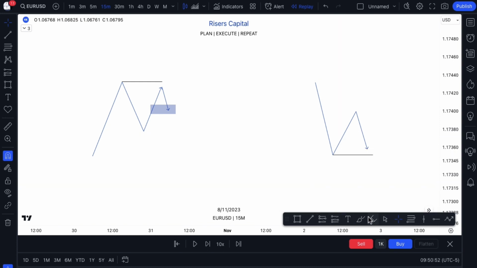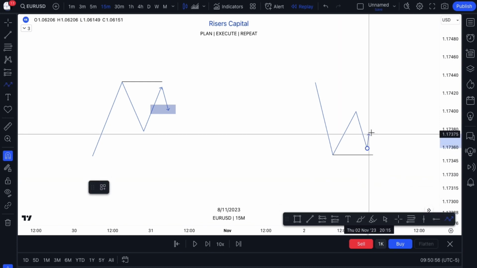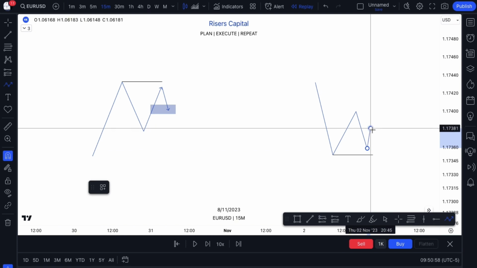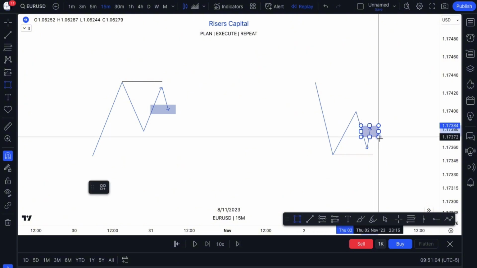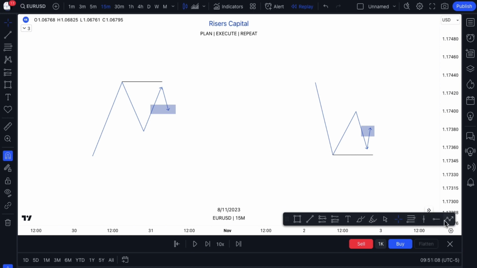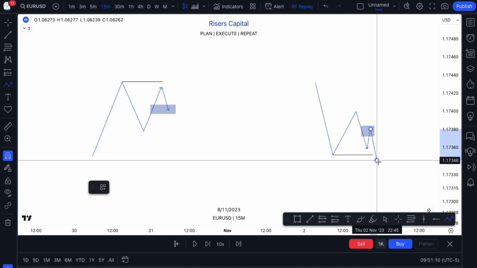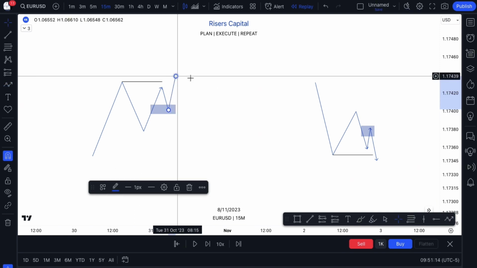Same here. Price may not actually take this low. It may have a small reversal, trick some traders into thinking, okay, it's not going to continue lower, it's going to continue higher, and then you can be short. You could be a seller here for price to actually then go down and take that low, and here for price to take that high.